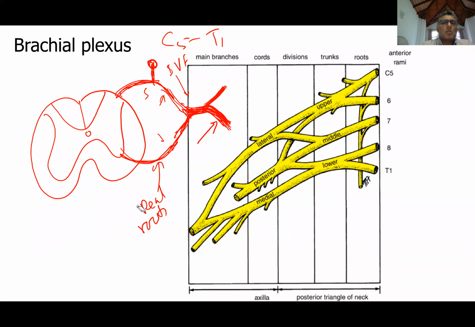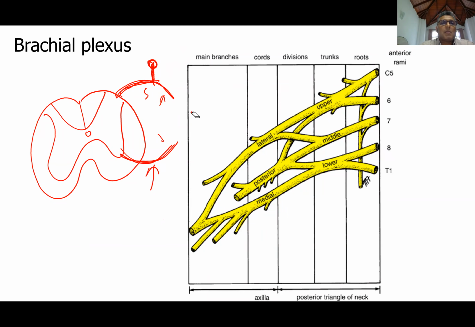So when we talk about the brachial plexus, you have to remember that when we say the roots of brachial plexus, these roots are actually not the true roots, but they are the anterior primary rami of the spinal nerves. Here we call them roots because they are the beginning of the brachial plexus. From the point of view of the brachial plexus, they become roots.